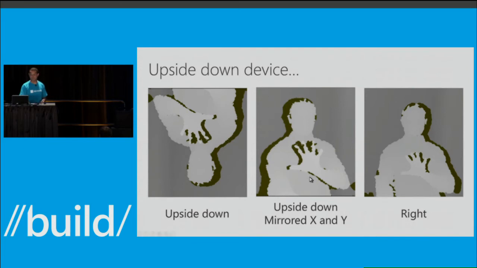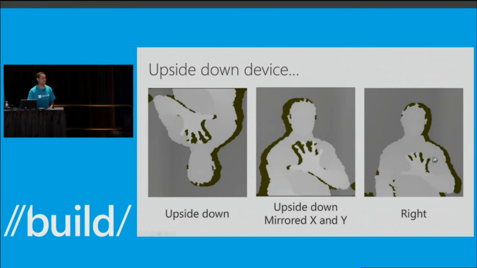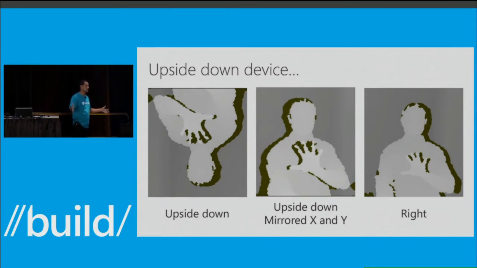No, because if you do a mirror in X and Y of the upside down image, especially because people want to put the sensor at the ceiling, the image is not exactly identical to the image that was used for the training of the Kinect for Windows skeletal tracking.